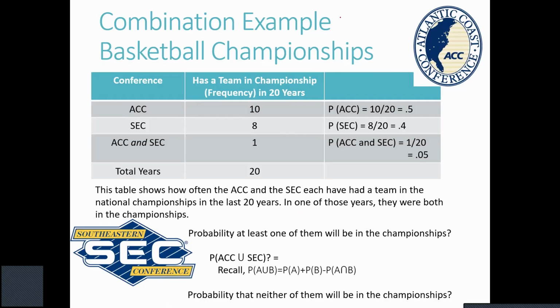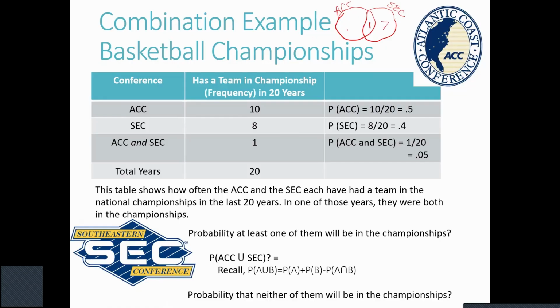Okay. So, what that would look like in our Venn diagram is we'd have ACC over here, and we'd have SEC over here. Okay. And the overlap would be 1. And the SEC was in there 8 years, but one of them, they were in there with the ACC, so that was 7.